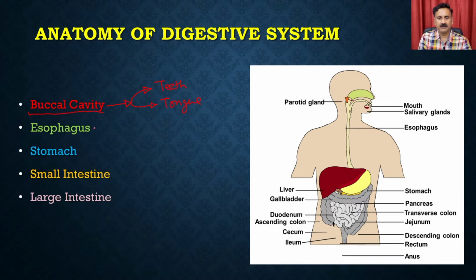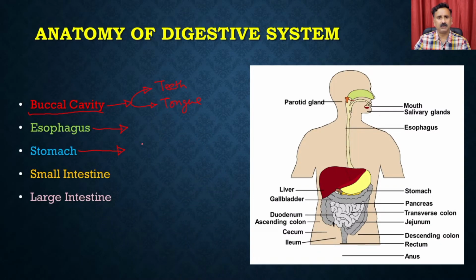Then we discussed the esophagus, its anatomy and function. Subsequently, we also discussed the stomach, its structure, and the different types of sphincters present in the stomach that stop or direct the flow of the food.